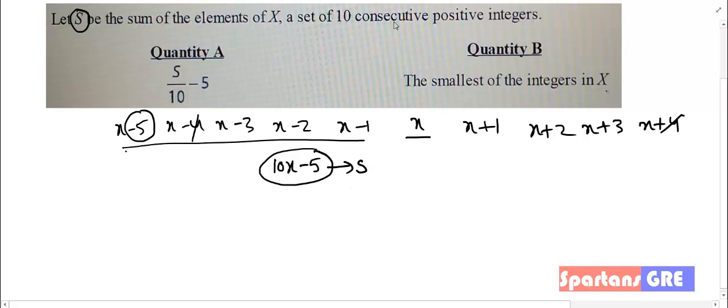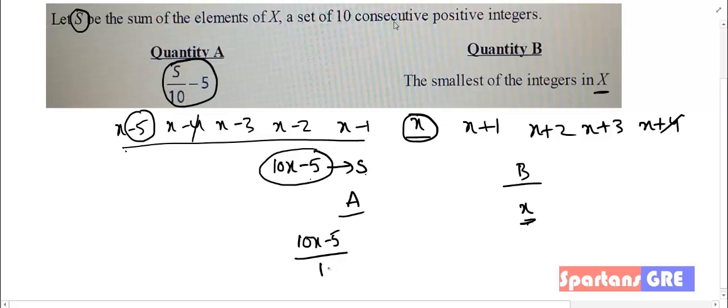Now the smallest integer is what? x. The smallest integer is x, so quantity B is x. Now quantity A is saying S by 10 minus 5. We want this S in terms of x, because we are comparing with x. So S means 10x minus 5, divided by 10, then minus 5. This is 5, not S. If you simplify this, you will get x minus 1 by 2 minus 5.